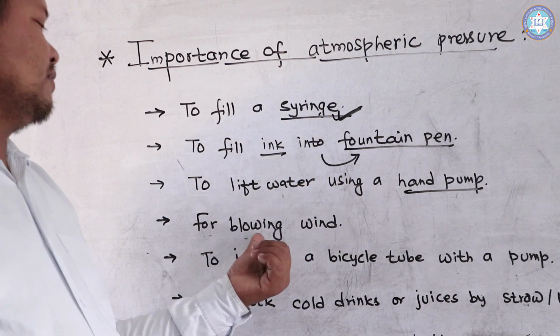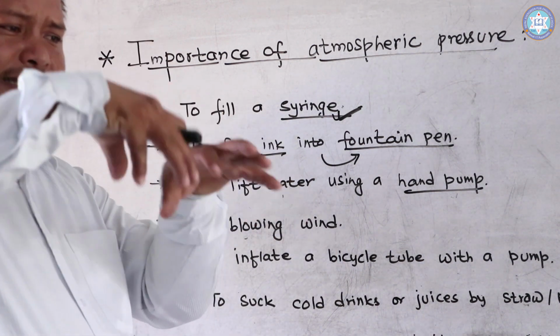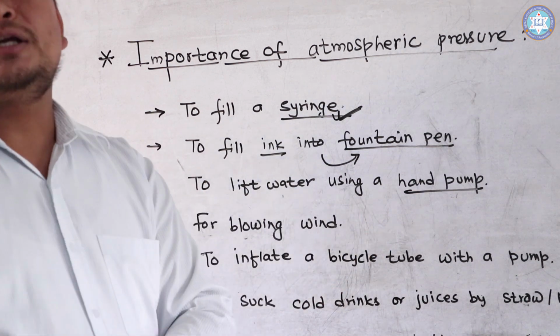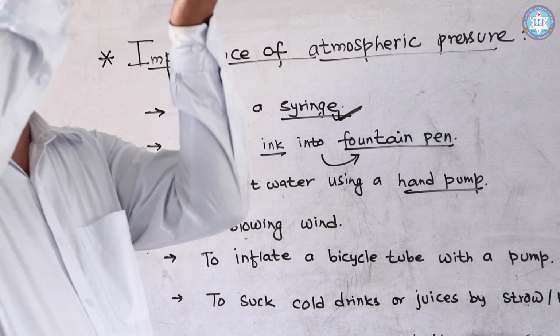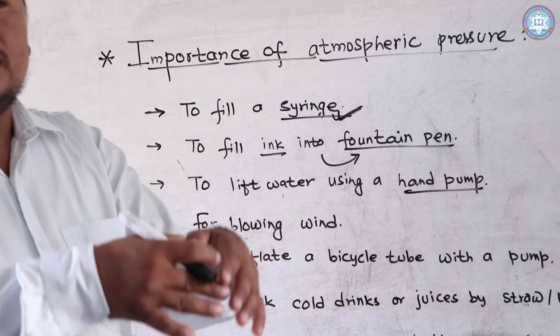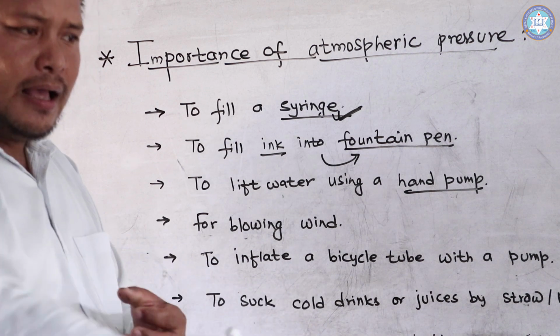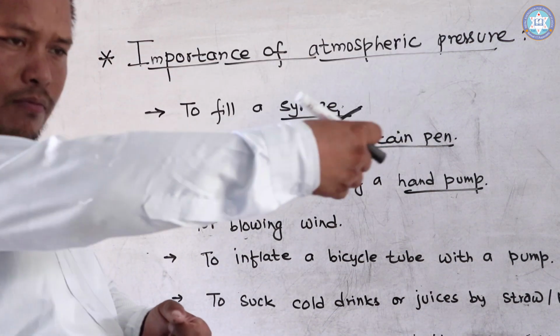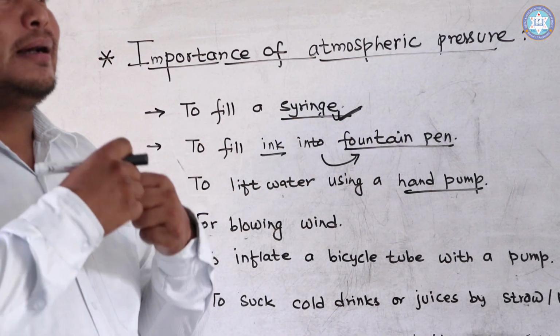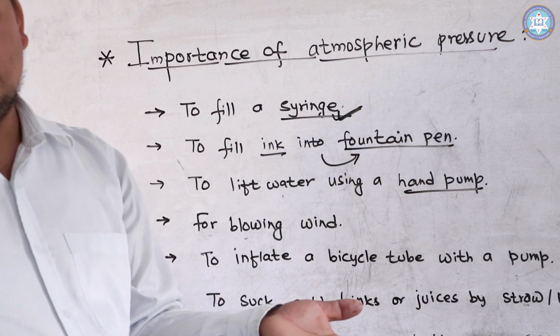And next is the blowing of wind. You know, when the sun heats the air molecules, they go upward and this region becomes empty. To fill such an area, air comes with great speed from other regions. It is called wind.